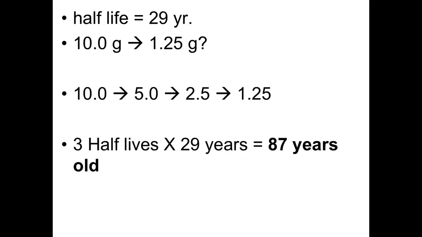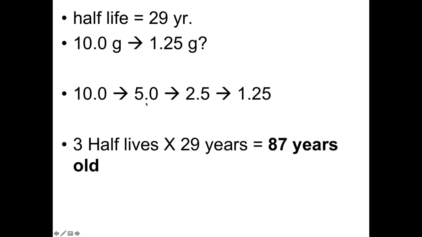Well, to break this problem down, if the half-life is 29 years, and we have 10 grams going to 1.25, we need to halve the amount of strontium until we get to 1.25. Then that will determine how many half-lives we've gone through, and then we can determine how old the specimen is. So if you look at this first one here, I go from 10 to 5, so that's half.